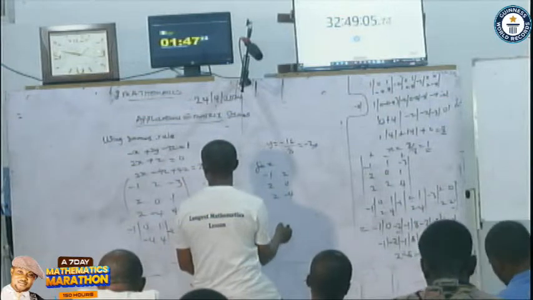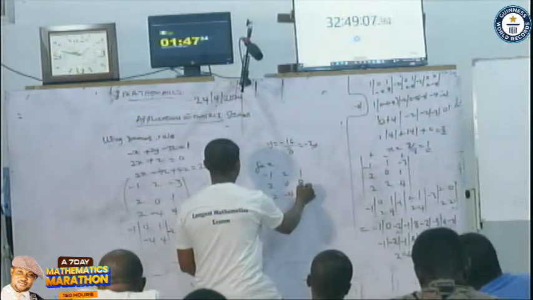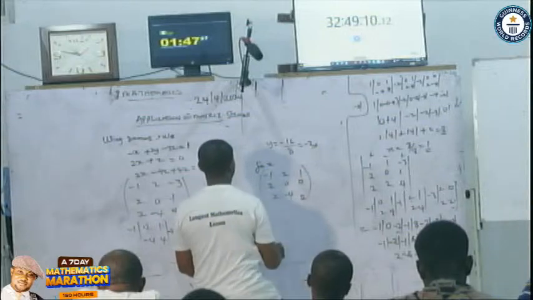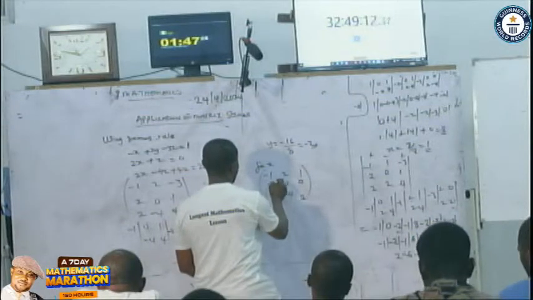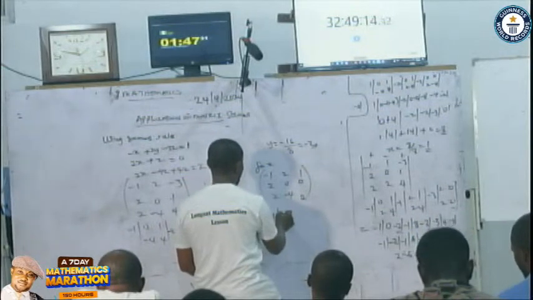And then 1, 0, 2, minus 1 into 2, 0, 0. So this will now be minus 1 into 0, 0 minus 4.